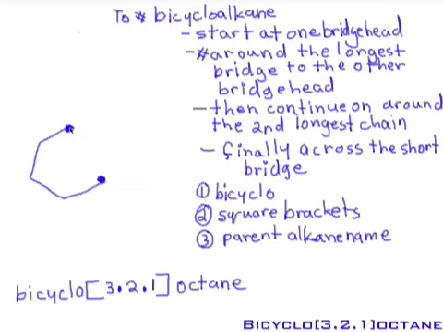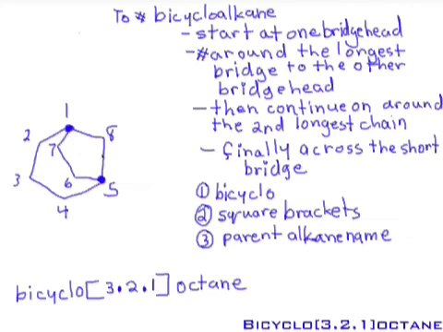And then I can do a 2, and then I can do a 1. Notice that generates the same structure we had previously, where I just put in 2 bridgeheads, and then this just told me the numbers. I can check then by counting up the atoms. 1, 2, 3, 4, 5, 6, 7, 8, that I have a proper octane.